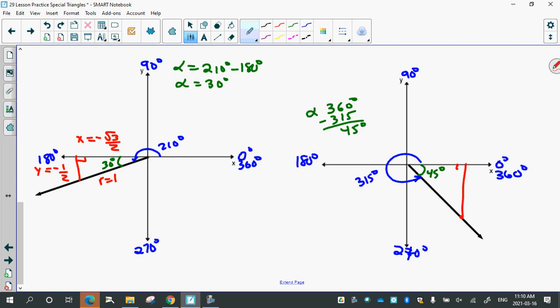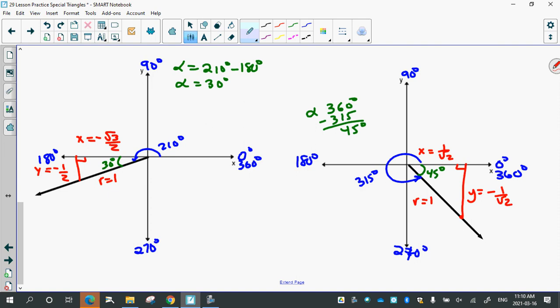Draw in your right triangle always with the x-axis. R is always 1. And for the 45-degree triangle, the x and y are the same. They're 1 over root 2, but then you have to make sense of what quadrant we're in. So this x would be positive 1 over root 2, and y would be negative 1 over root 2.